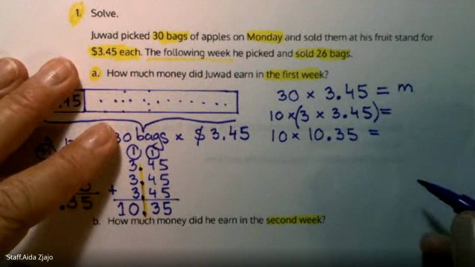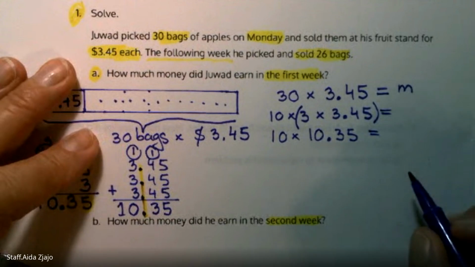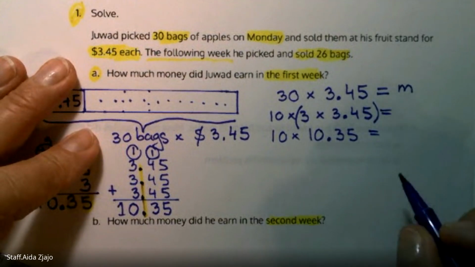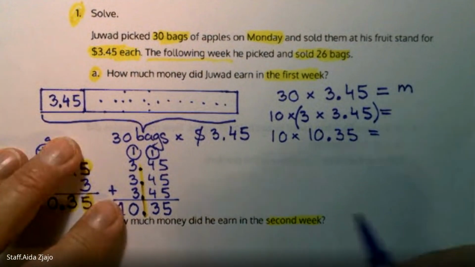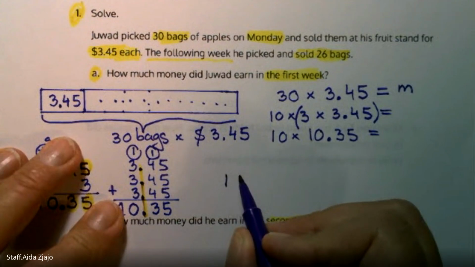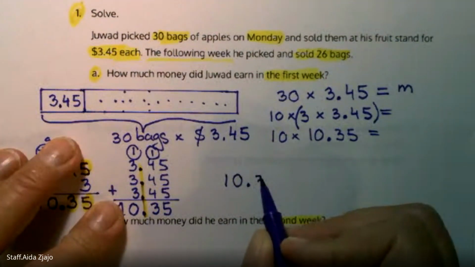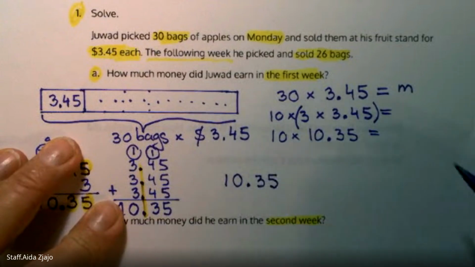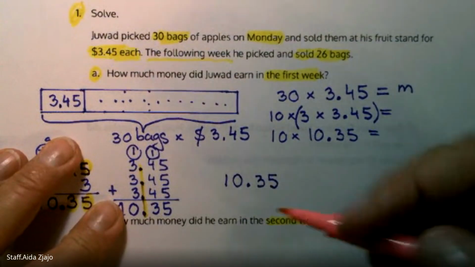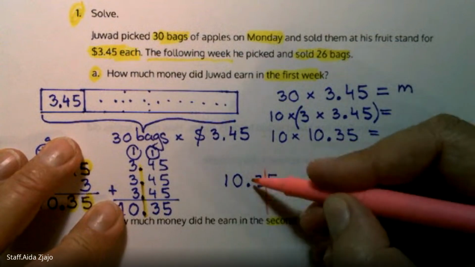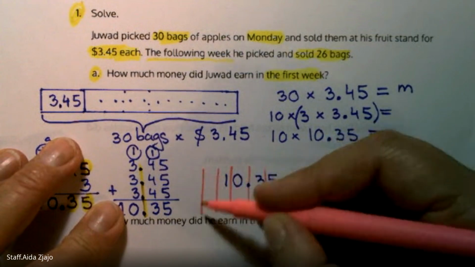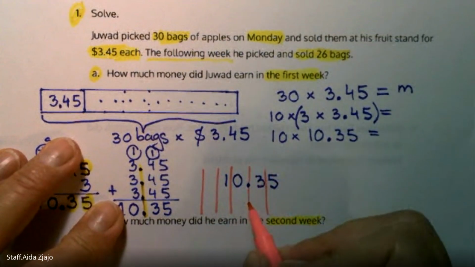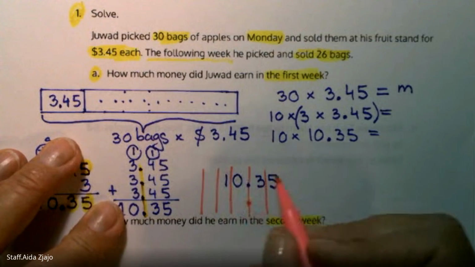How can I remember what we did in the first lesson, module 1? When you have a number like this and you multiply by 10, you can make the chart, and you can say the numbers are going to move times 10.